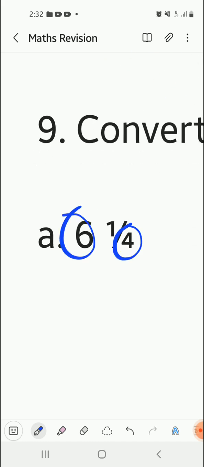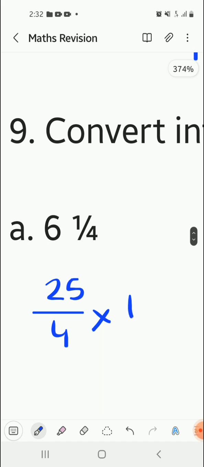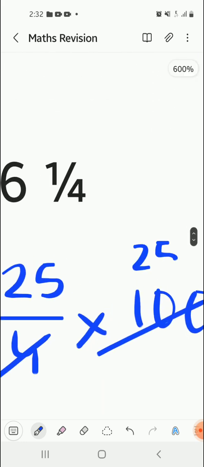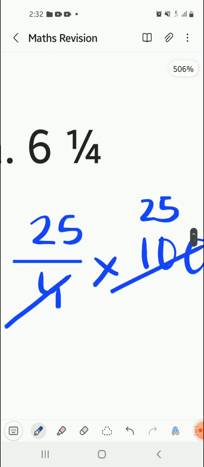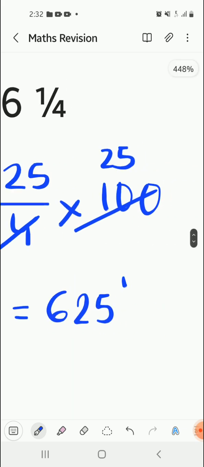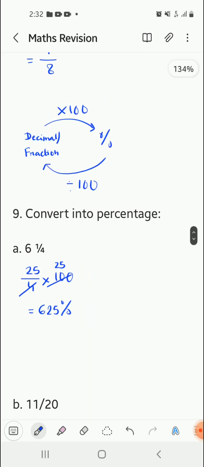So 6 into 4, 24 plus 1, 25. So we have got 25 by 4 into 100, because we are going to find the percentage of it. Now 4 and 100, if we divide, we get 25. So 25 into 25, it is 625. So my answer is 625 percentage.